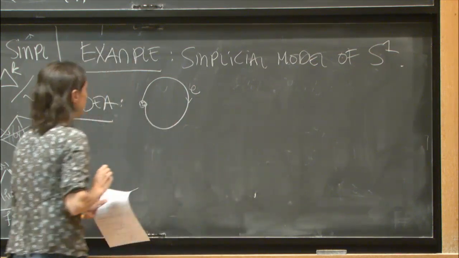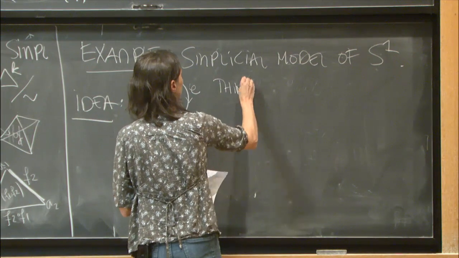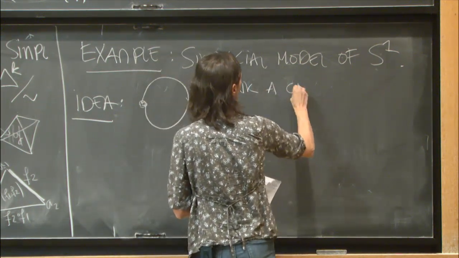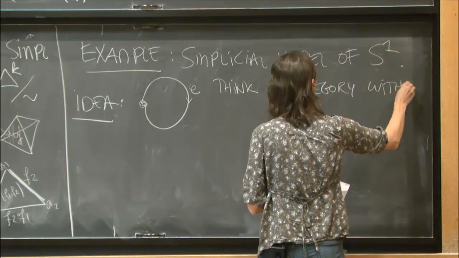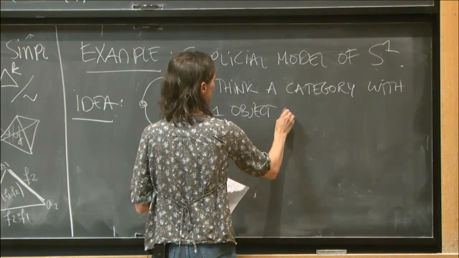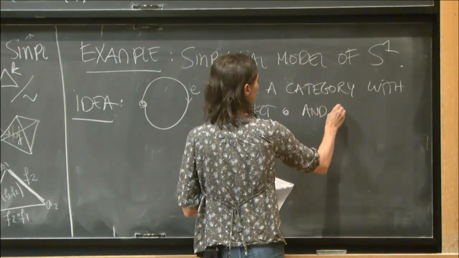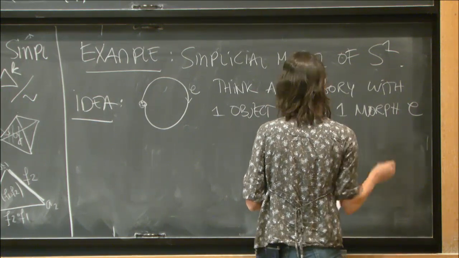Let's call it E for the edge. Think of a category with one object, this guy, and one morphism, E.